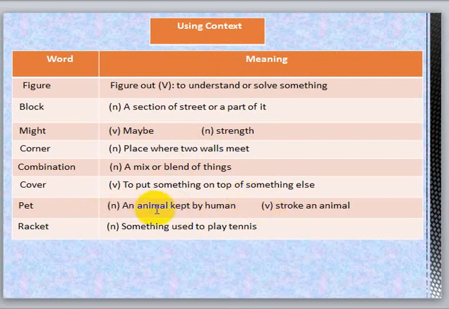Then you must choose the correct one. The last one, racket. Racket is a noun. It's something used to play tennis. Let's go to the next page to practice these words and use the context to figure out the meaning of these words.